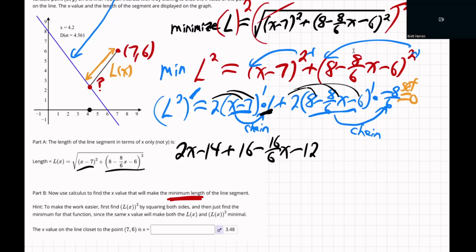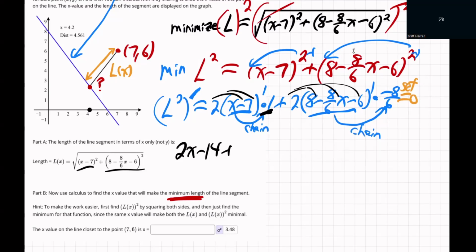Oh, wait a minute. Then I have to multiply by negative 8 sixths. It's a little messy, isn't it? All right. Equals 0. Yeah, here, let me do that better. That way it'll be easier for you.